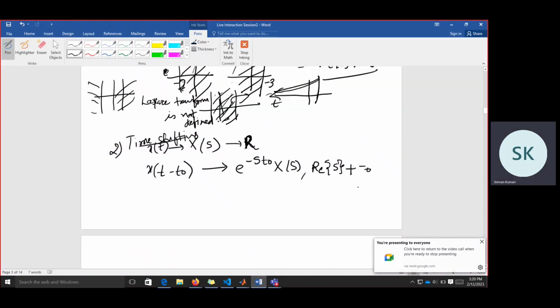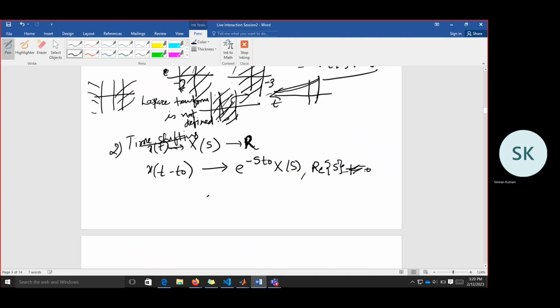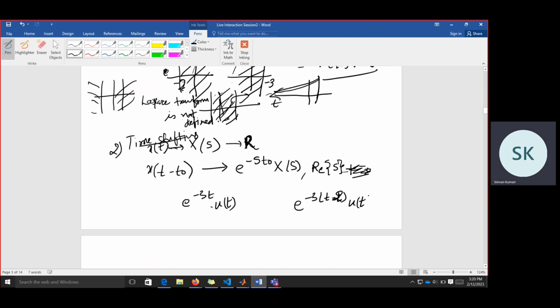Okay, fine. There is some shifting. No, its ROC will be the same. Sorry. In case of frequency shifting, the ROC will change. So for this, should I also give an example, or can you just make an example? Suppose this is the signal, and now you have e to the power minus 3 times (t minus 2) u(t minus 2).